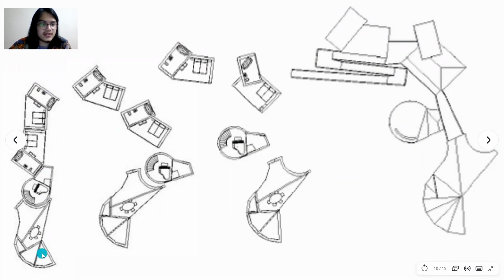Over here, you can see how the linear organization is very clearly illustrated through a straight line, and you can see it's a developmental process throughout my design process, where this is just the linear organization, and this one is corresponding to the site itself, allowing for views.